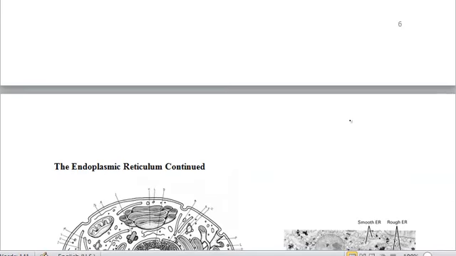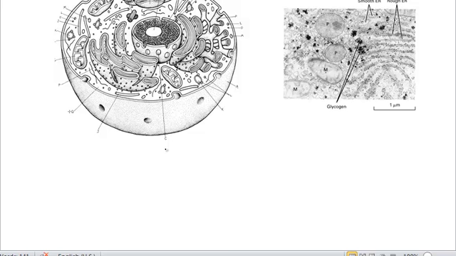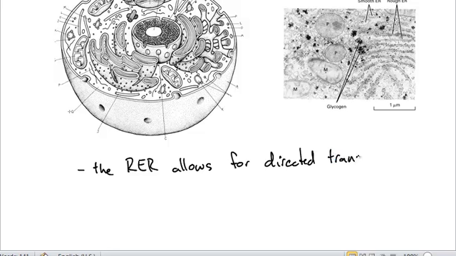And we're just going to continue the rough ER down a little bit lower here. So the rough ER allows for directed transportation of proteins.